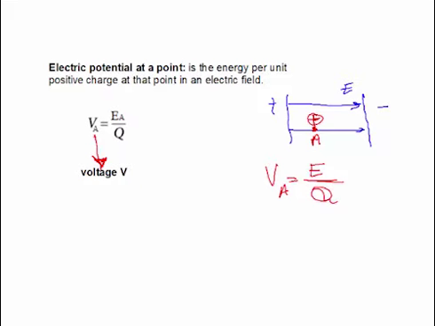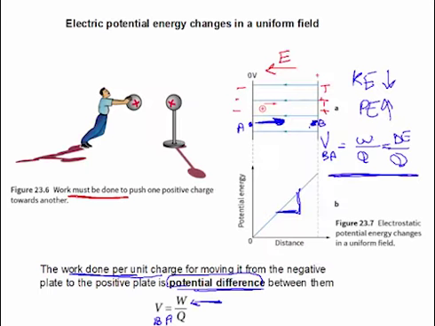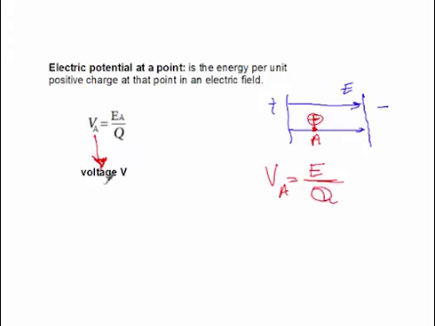So there we were talking about potential difference between 2 points, which was the work needed to take a charge from one point to another point. And here we are talking about voltage, which is potential at a point.